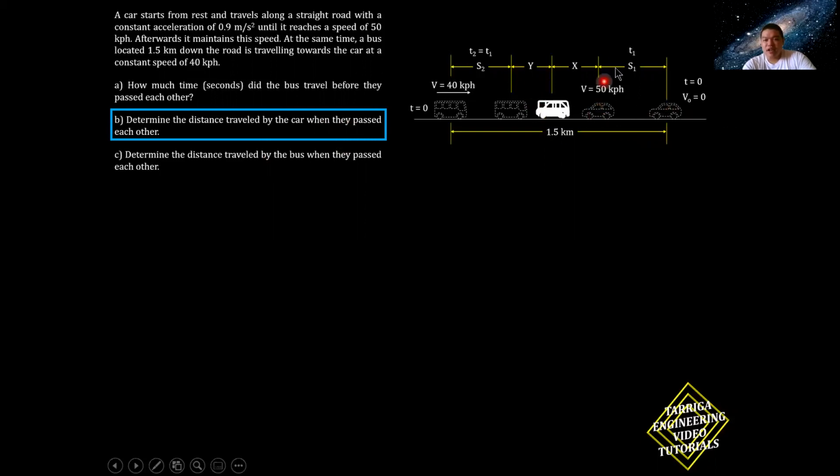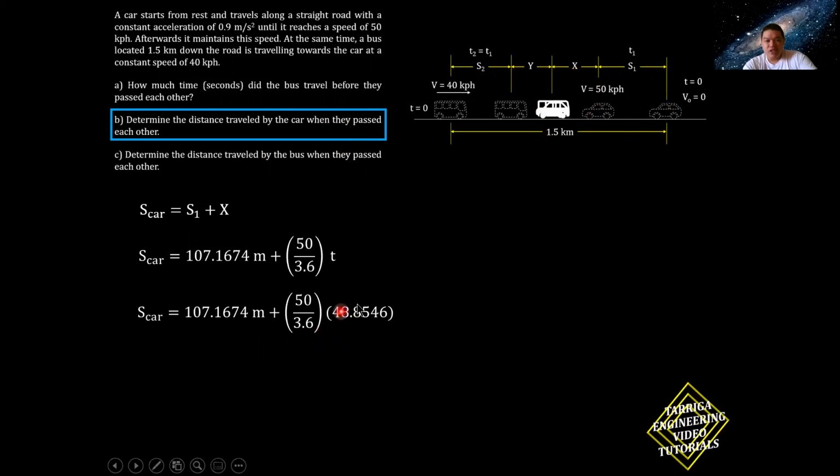Okay, so yung car traveled S1 plus X. Okay, so the total traveled distance of the car is S1 plus X. Substitute all of the given and nakuha natin kanina. Yung T is yung nakuha natin lately, no? If you will use your calculator, the total distance traveled by the car is 785 meters. That is for part B.